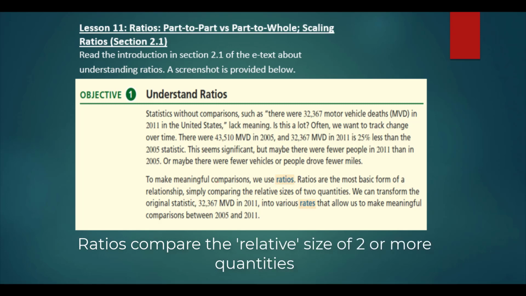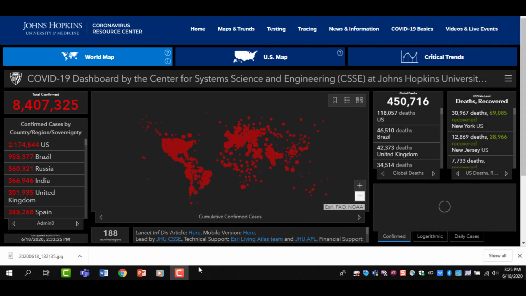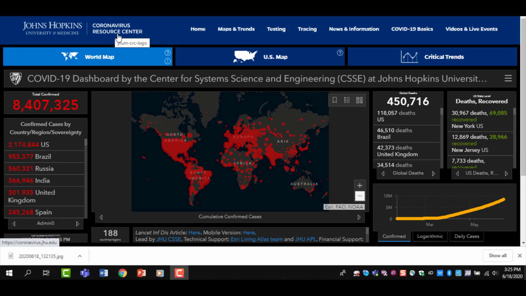So let's take a look at another example. This is the oft-mentioned in the newspapers Coronavirus Resource Center from Johns Hopkins. And it lists all the countries and how many confirmed cases they have. You can see, and this was taken on June 18th, there were 8.4 million cases in the world.